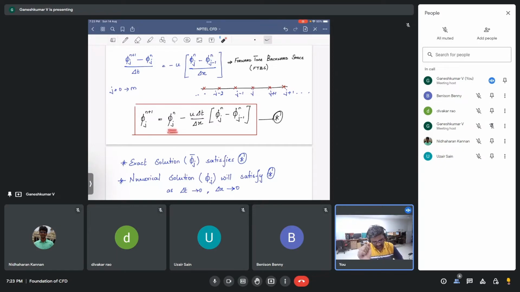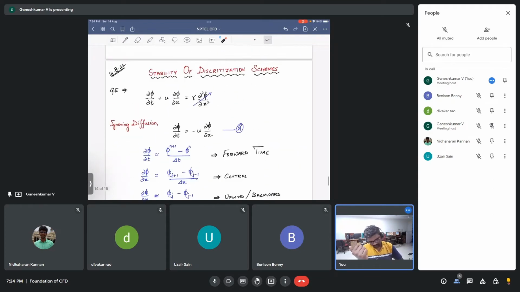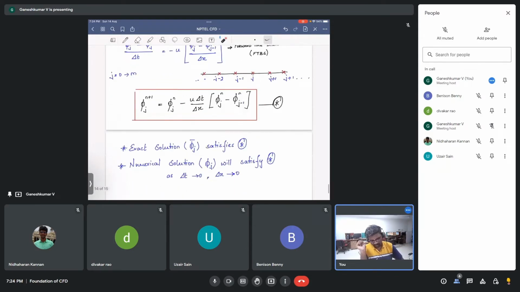What we actually did here is this: these are algebraic equations. We converted this partial differential equation, one equation for the whole domain, into a system of algebraic equations, because algebraic equations are basically easy to solve.